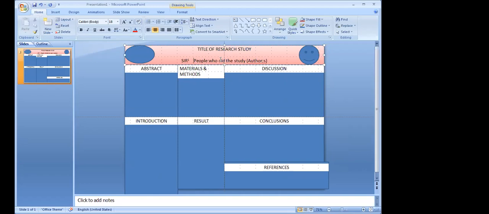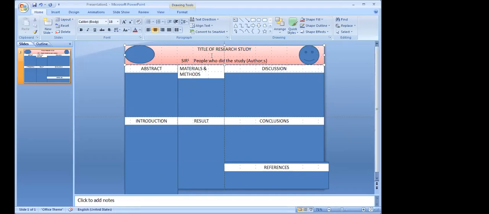Now, the materials and method section may contain some tables. We are just focusing on phytochemical analysis, because in the next slide we will be seeing a phytochemical analysis slide. In a particular plant there is a series of phytochemicals, and we need to identify all of them. For example, if a test gives a yellow color, then it is positive.